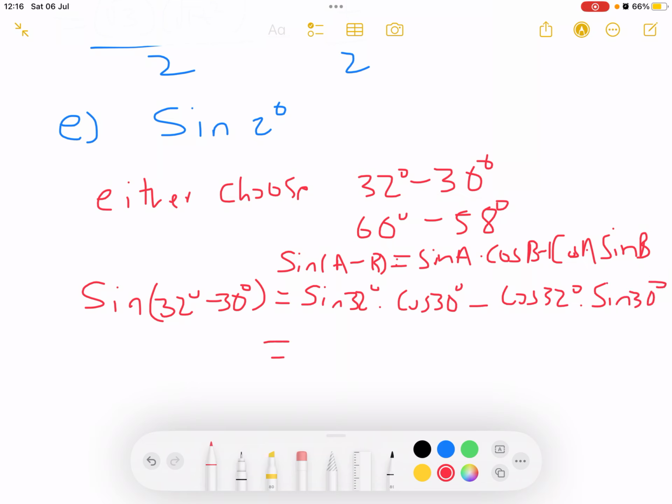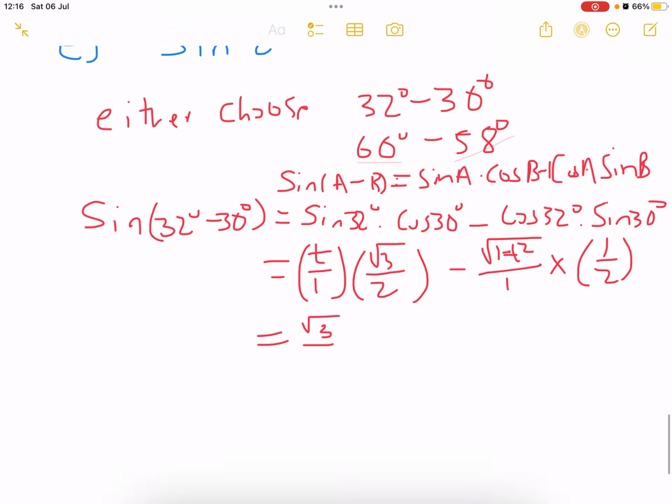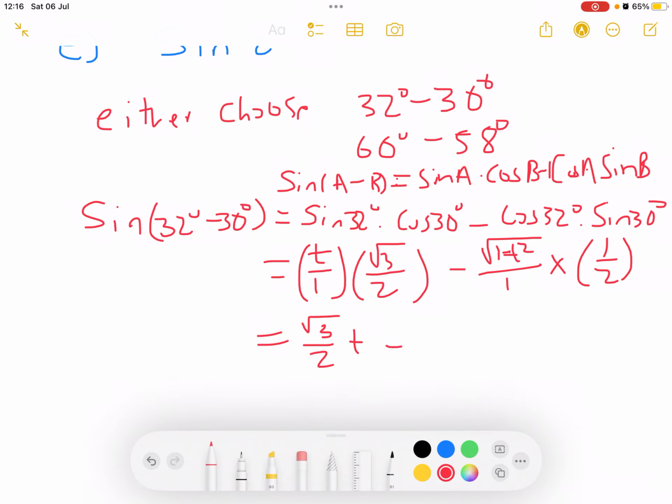And this becomes t over 1 multiplied by root of 3 over 2 minus root of 1 minus t squared all over 1 multiplied by 1 over 2. Then you can leave the answer like this or just simplify it to root of 3 over 2 t minus root of 1 minus t squared all over 2.